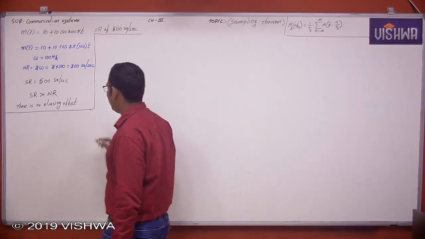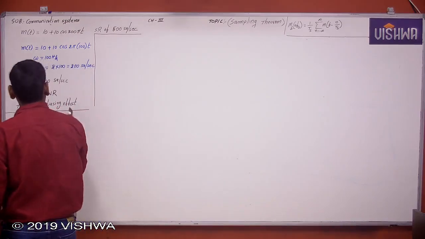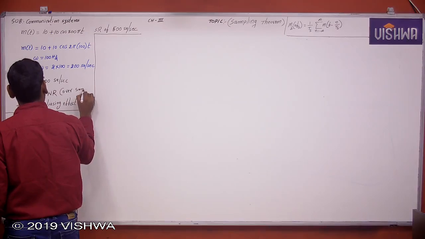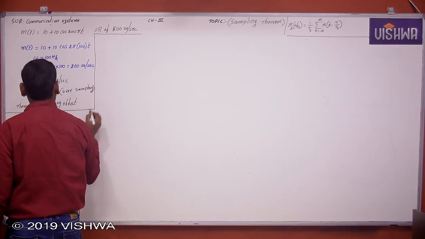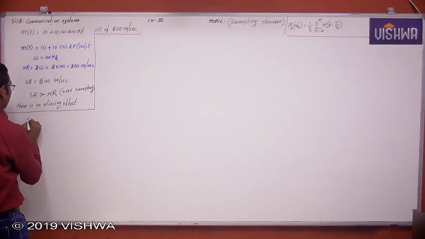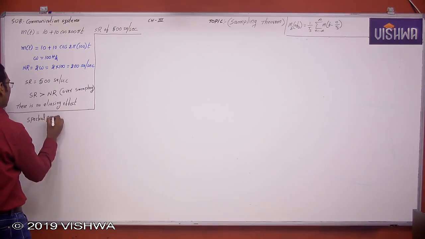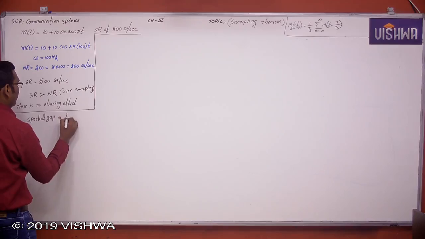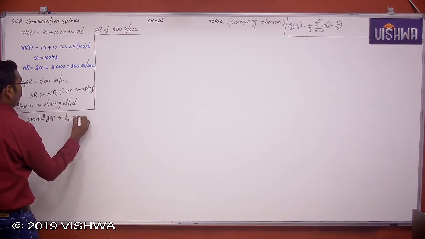Now the spectral gap. When there is no aliasing effect, which sampling is this? Oversampling, because the sampling rate is greater than the Nyquist rate. Now what is the spectral gap? The spectral gap or guard band is nothing but Fs minus 2 omega hertz.